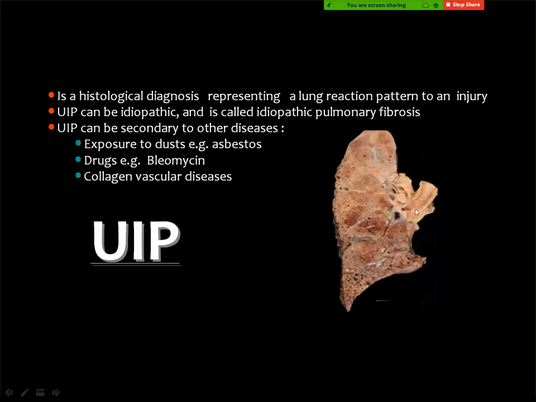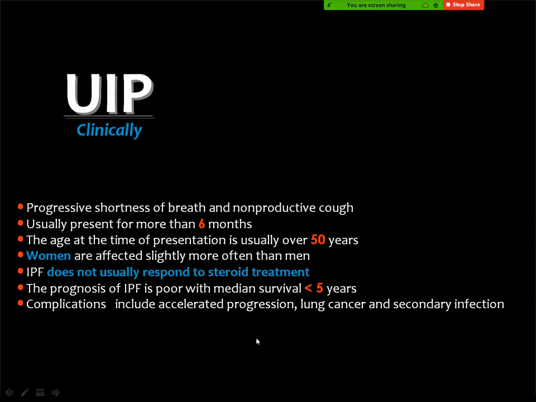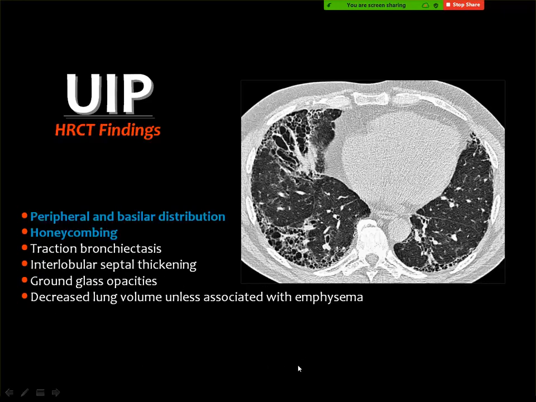But if you see the pulmonary fibrosis without any detectable cause in the history or in the films, then you know that this is usual interstitial pneumonia. And this usual interstitial pneumonia sometimes is called end-stage lung. It does not respond to steroid treatment, and the prognosis is not good.